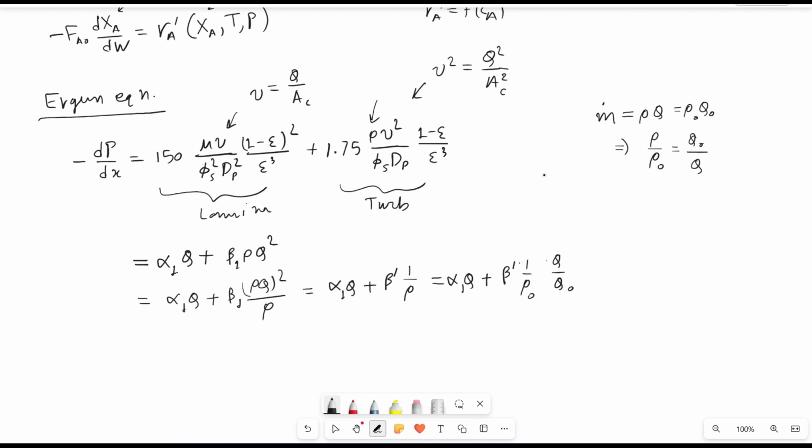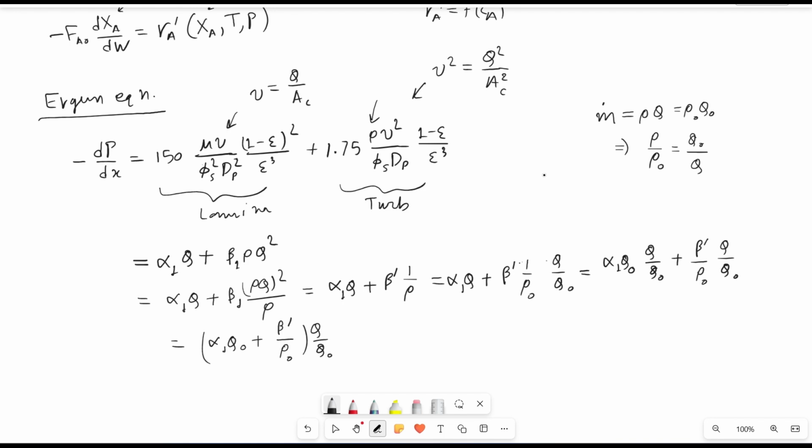Now we can modify this again as alpha 1 Q naught times Q by Q naught plus beta prime by rho naught times Q by Q naught, which will again become another constant: alpha 1 Q naught plus beta prime by rho naught, into Q by Q naught.